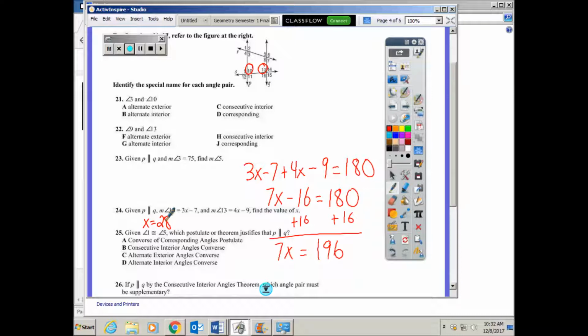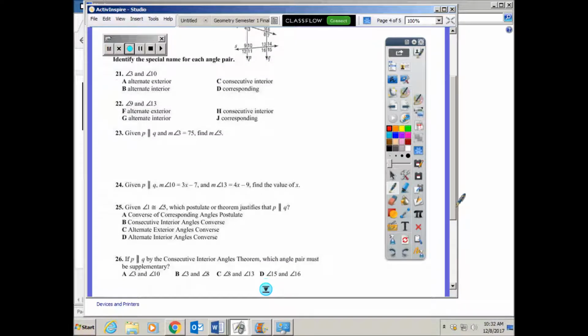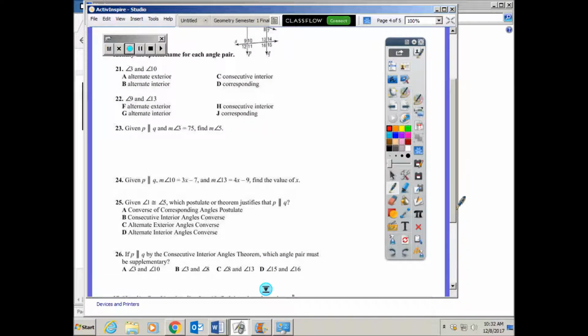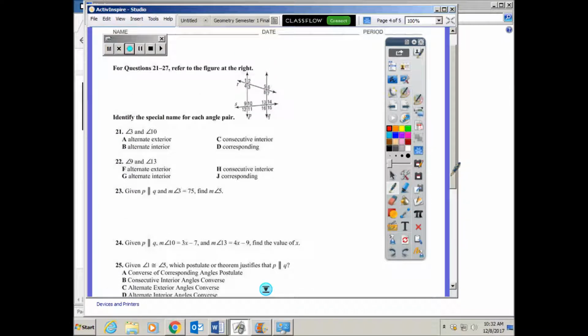Now, the next question asks about given angle 1 and angle 5. If I tell you that 1 and 5 are congruent, then what lines are parallel? So the two lines they sit on are P and Q, and they're corresponding angles.